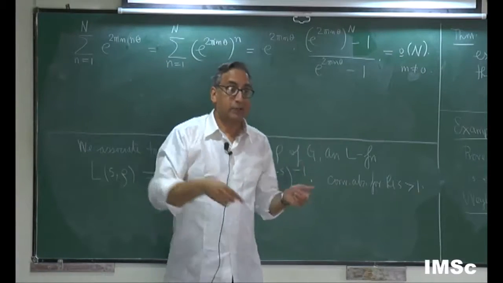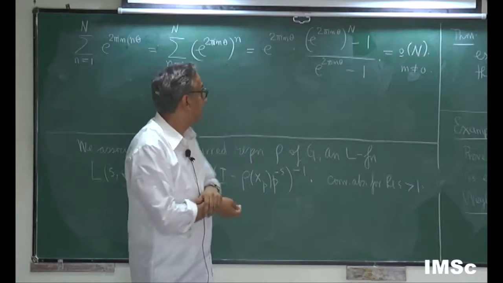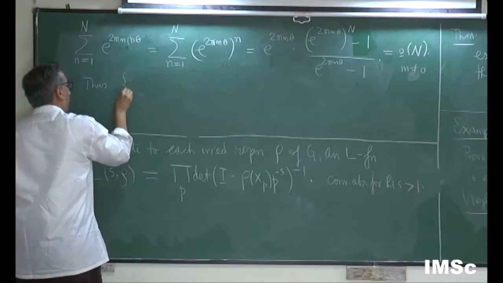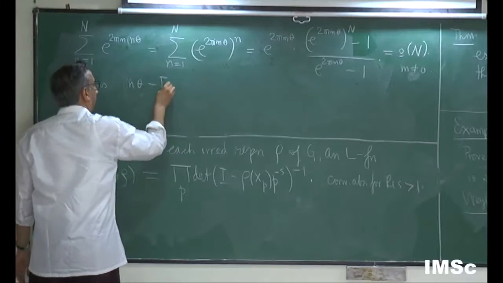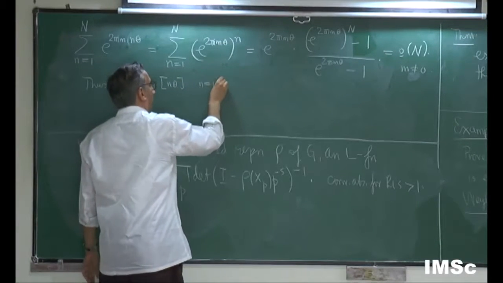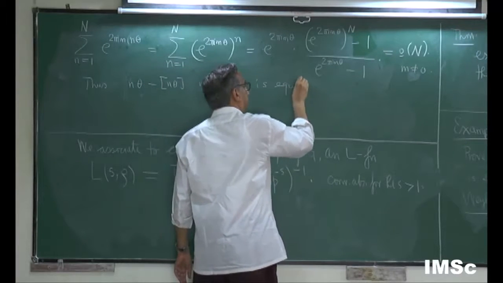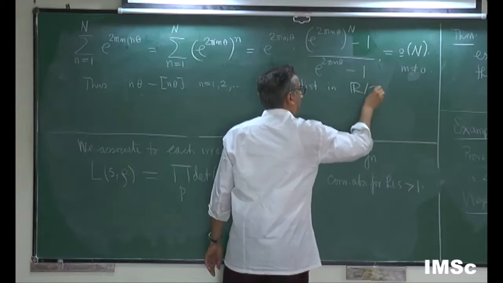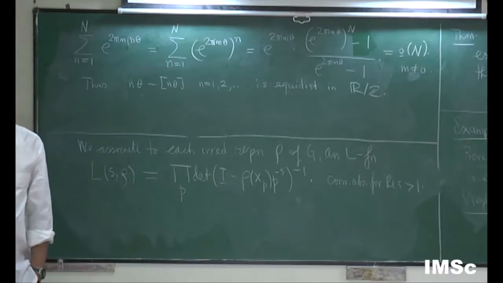Therefore, that sequence of fractional parts is equidistributed in the circle. Right? So we have that. Neat and tidy.